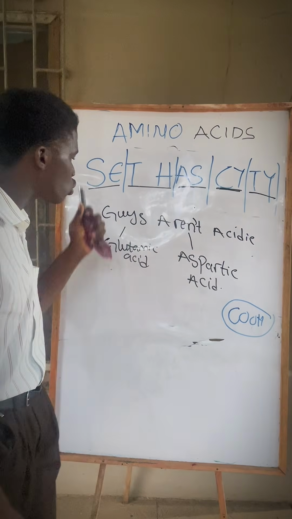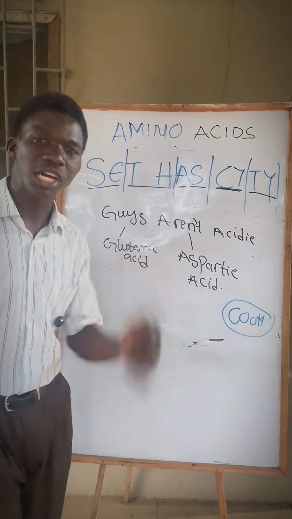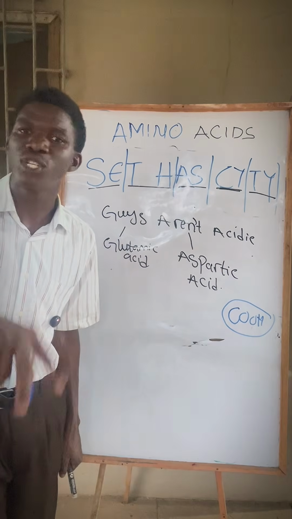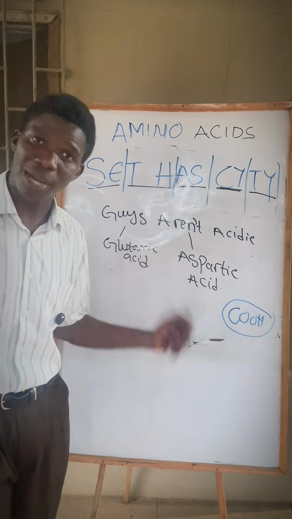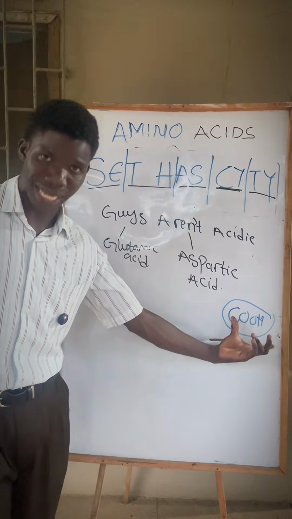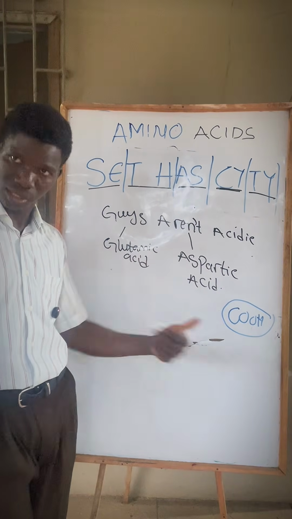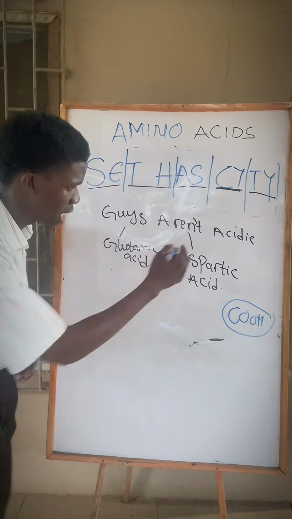The same thing for glutamic acid. Aspartic acid is just like asparagine, but instead of the amide functional group, you put the acidic functional group. The same thing for glutamic acid; you just change that of the asparagine.